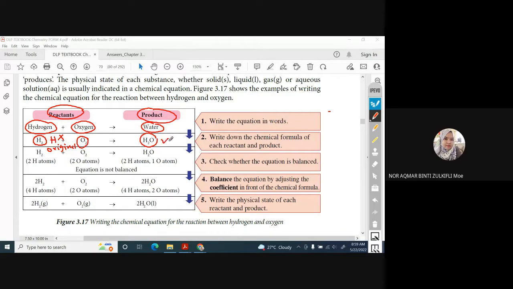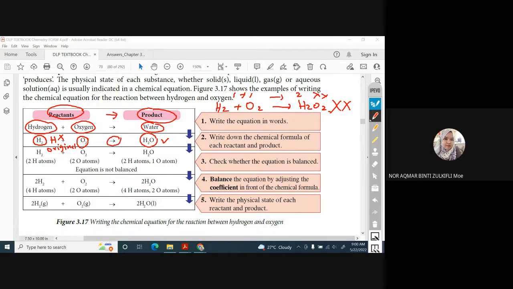Water is always H2O, okay, original. Jangan tulis H2 plus O2, H2O2. Ini maths. Kalau you buat H2 plus O2, H2O2, wrong, salah. Ini ialah matematik: 1 plus 1 equal to 2. Okay, so ini maths. Chemistry no.